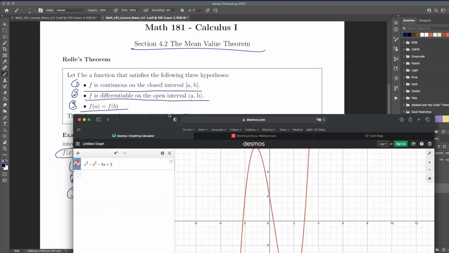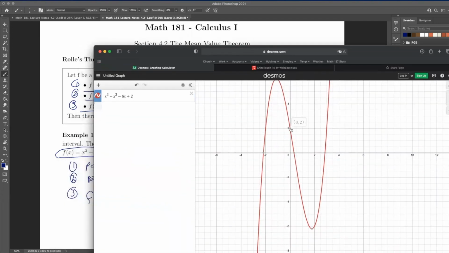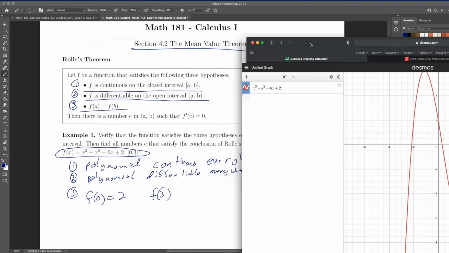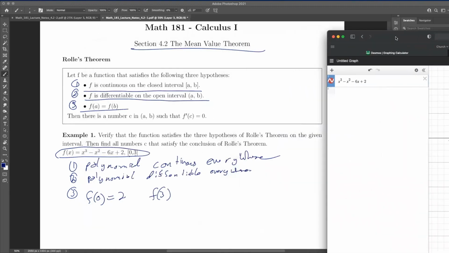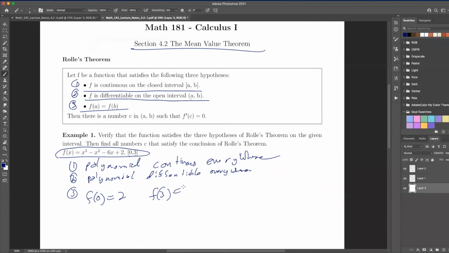All right. Here we have it at 0, it's equal to 2. And at 3, it's equal to 2, right? So f of 0 is equal to 2, and f of 3 is equal to 2. So we show that it satisfied the conditions.